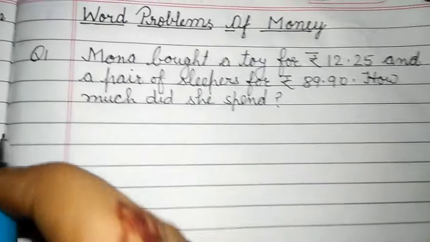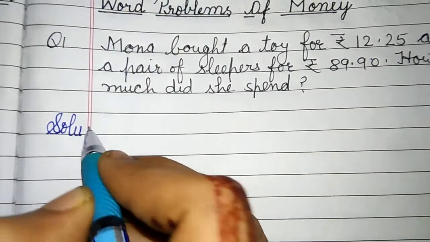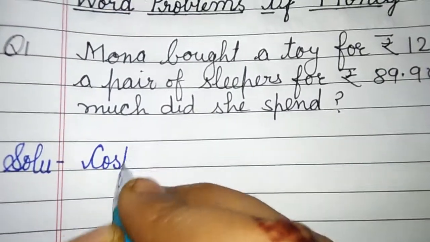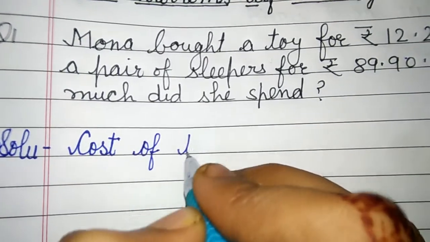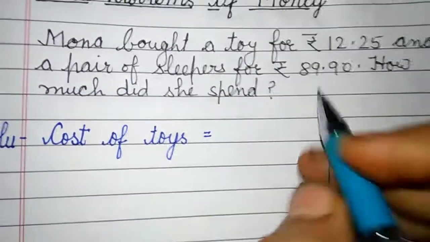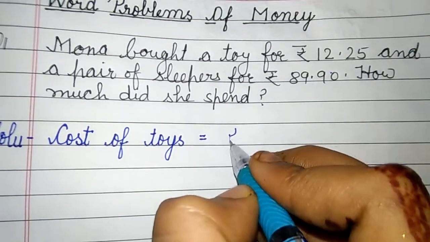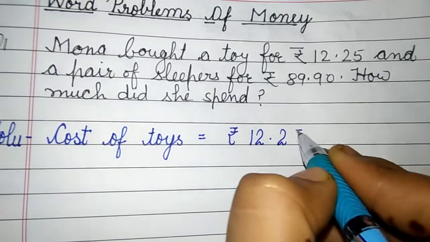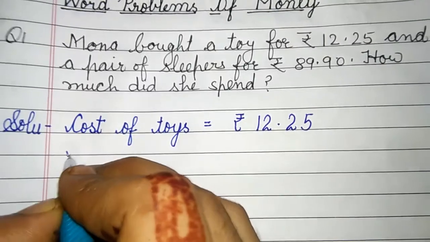Okay. So first we have to write the first statement. The first statement is cost of toy. How much? 12 rupees 25 paise, right? Rupees 12.25. Next statement, cost of slippers.